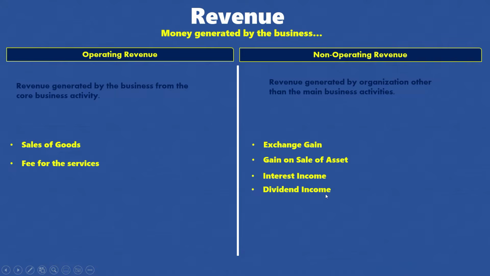Similarly, if I give you this example here, that is dividend income. If you don't know about dividend, let me explain that to you first. When we invest in a company, and at the end of the year or within the year, the company distributes a part of its profit, this distributed profit is called dividend.